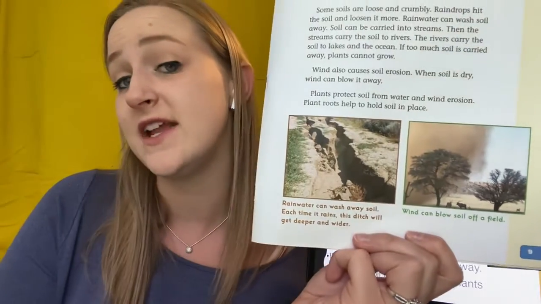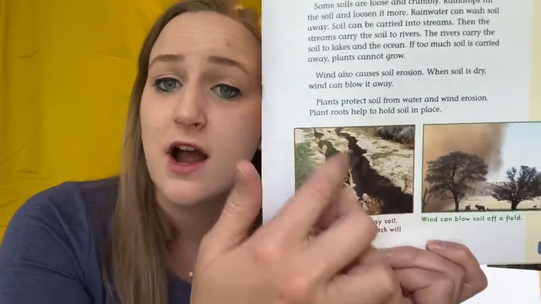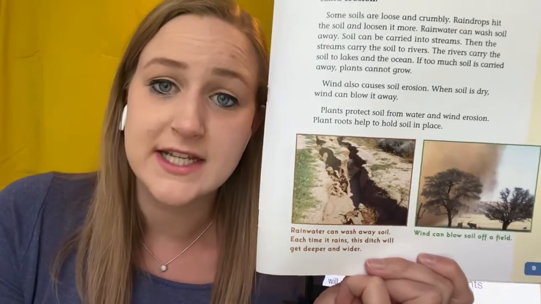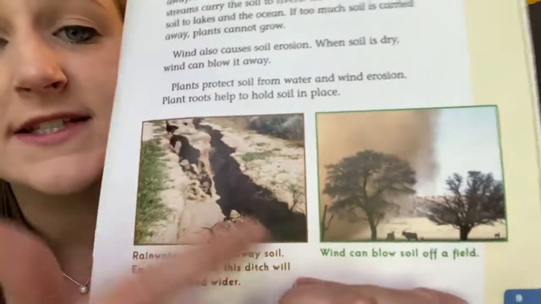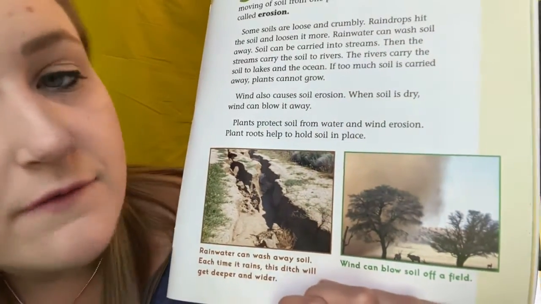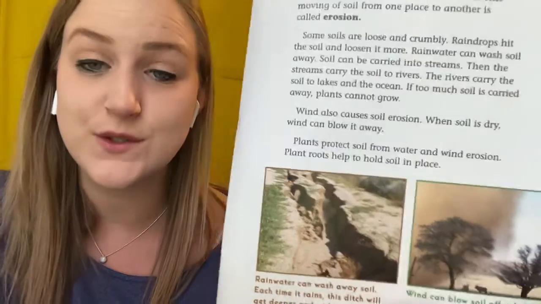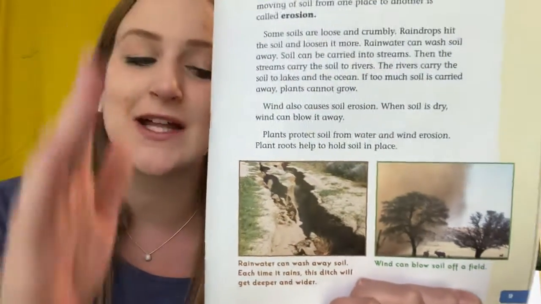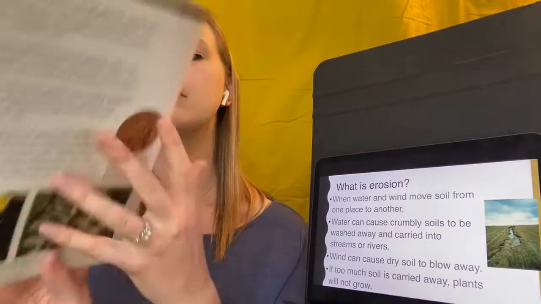This isn't a hole that they dug up. This is from rain constantly falling and pushing itself through these rocks and breaking them down. And here we can see wind. It's blowing the soil off of a field. If you've ever seen a sandstorm, it's similar to that, where the wind is going to blow and push that soil away.